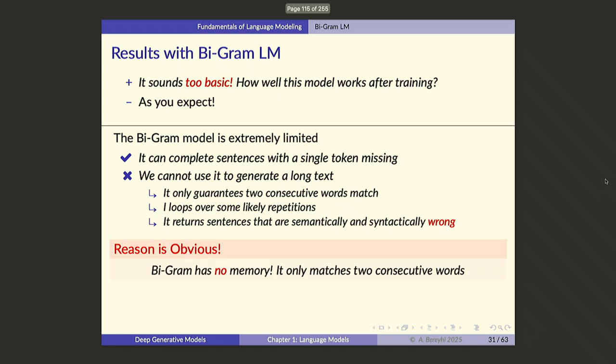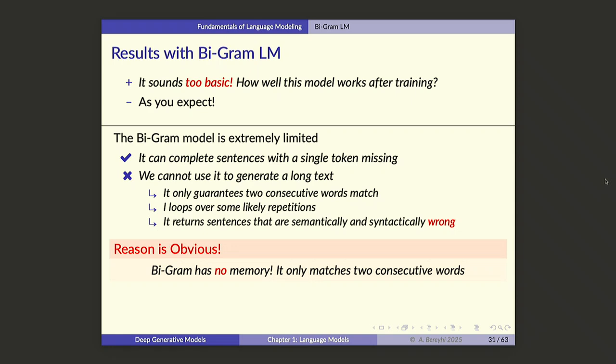So essentially, the issue with this bigram model is that it has no memory, and this is a very big challenge. It doesn't matter whatever you do, it's not going to be able to predict properly or generate a coherent text. The main reason is that every time it's just looking at the last word. So it's not about the model complexity itself. It comes from the fact that the statistical assumption behind the model is wrong.